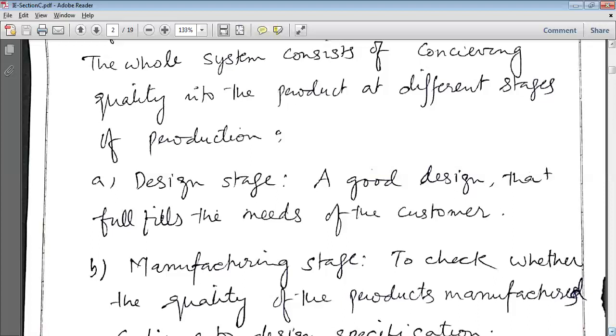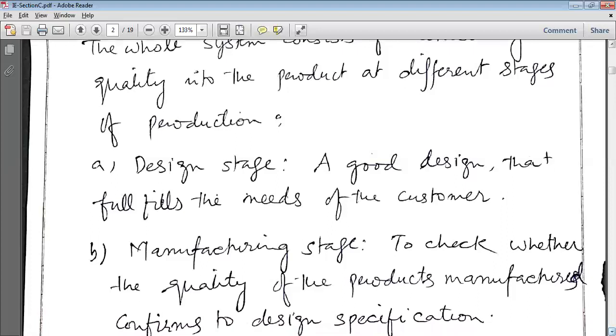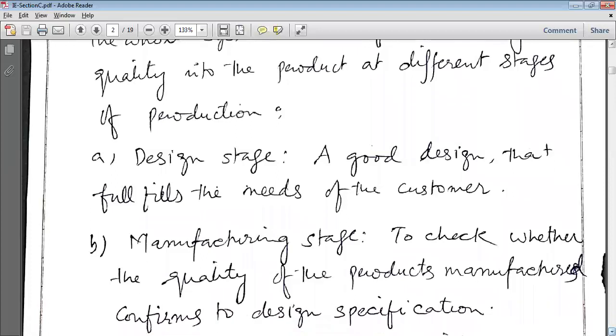Then the manufacturing stage. Once we design, we come to manufacturing, where various manufacturing processes are used to produce the part, and quality is conceived in those processes. This is to check whether the quality of the products manufactured conforms to design specification.